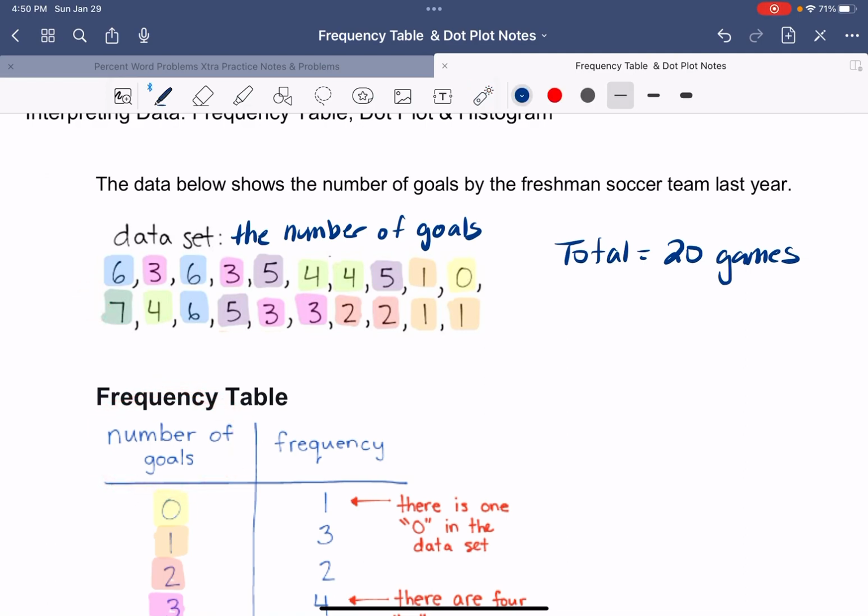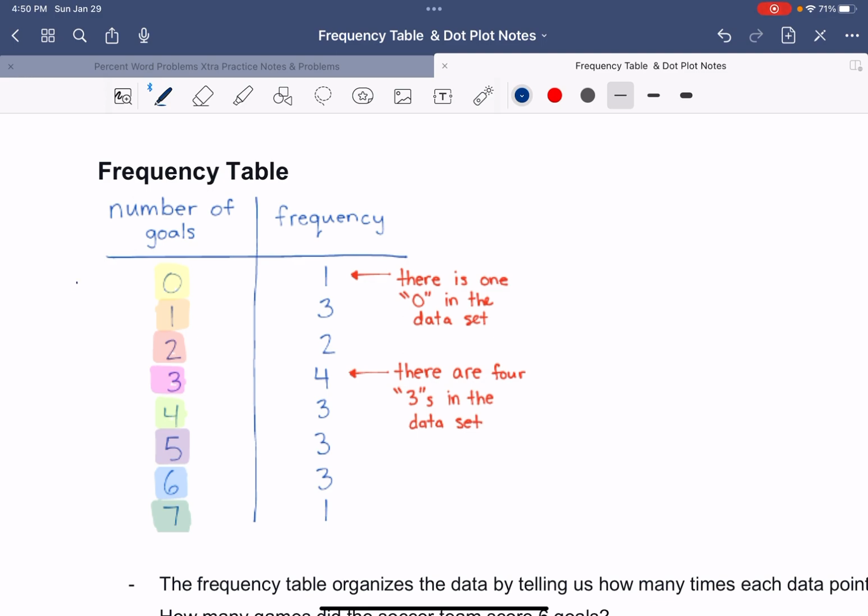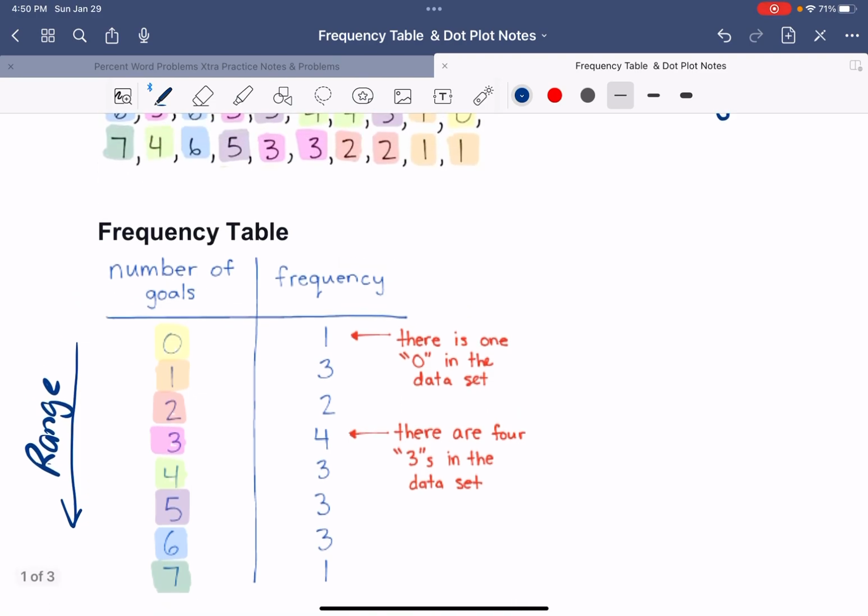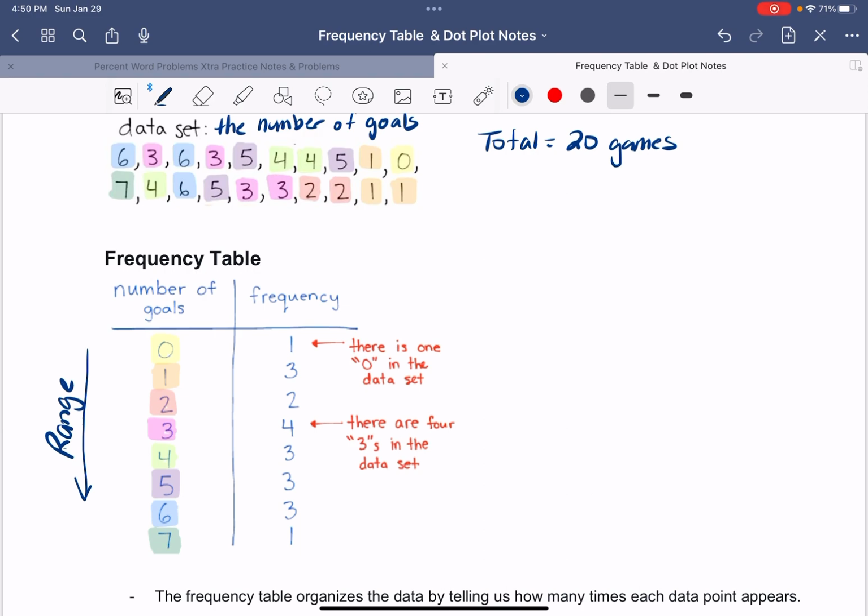Write something like this: this is the range for the data. That's going to help you figure out what to put on the left-hand side of the table. Our data goes from 0 all the way to 7, so we're going from 0 to 7 on this frequency table.